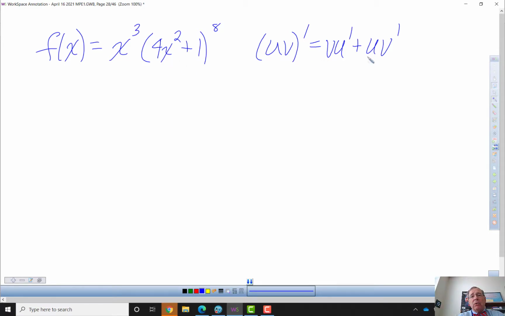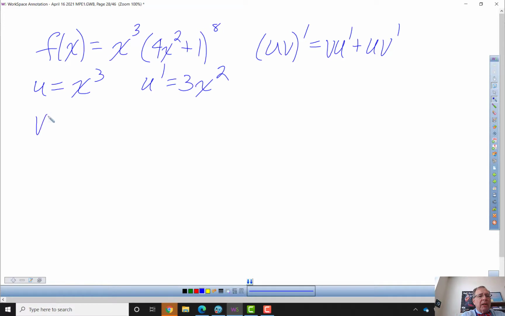Or we can use the product rule. So I'm going to write out my u is x cubed, my u prime is 3x squared. My v is the 4x squared plus 1 to the 8th.